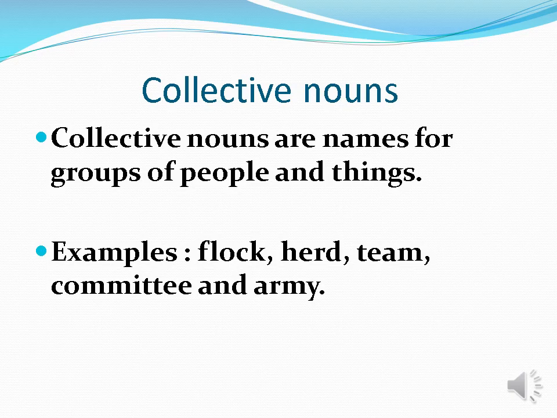Okay, the next one then is collective nouns, which of course are groups of things or people, and we have special names for collective nouns. I have got a test where you can test your knowledge. The examples that I've put on are a flock, so it could be a flock of sheep, a herd, a team, committee, and army.